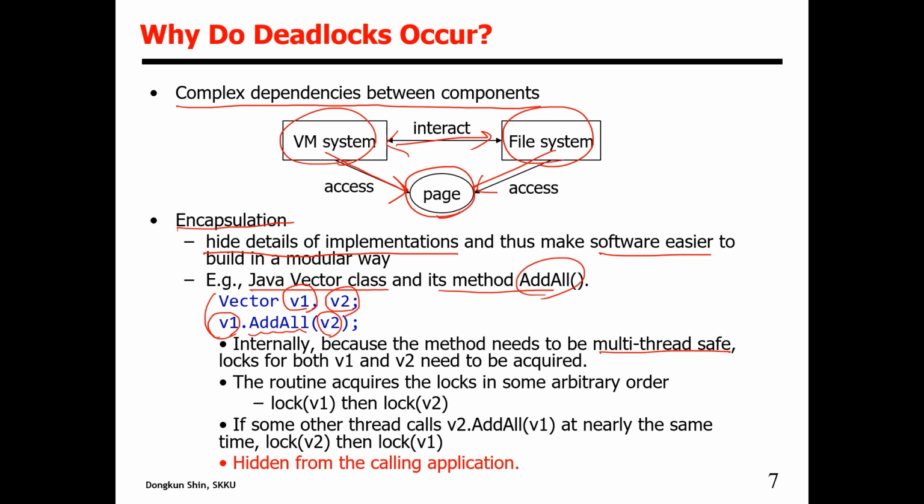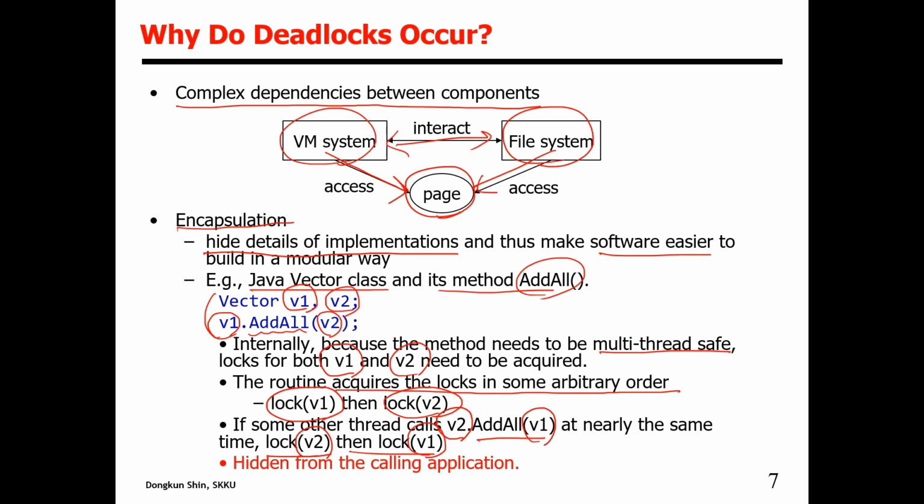In this case, internally, because the method needs to be multi-thread safe, locks for both v1 and v2 need to be acquired. So this addAll routine will acquire the locks in some arbitrary order, first v1 and then v2. If some other thread calls v2.addAll(v1), then it will lock v2 first, then v1.